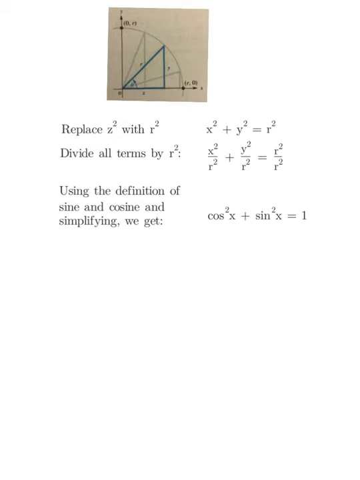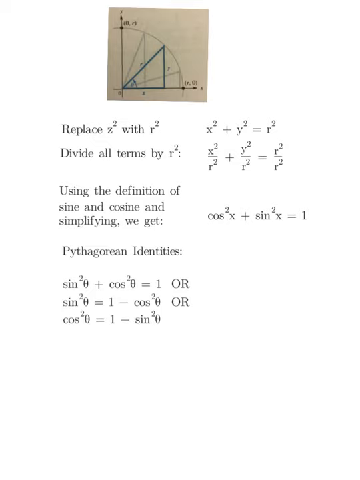Typically, you will see this one written with the sine squared of x first, but it really does not matter which order the terms are in, whether cosine squared is written first or sine squared is written first. The first of the Pythagorean identities, then, is sine squared of theta plus cosine squared of theta equals 1.